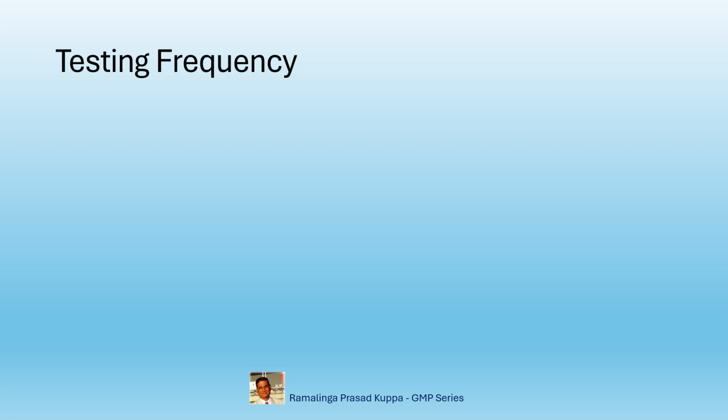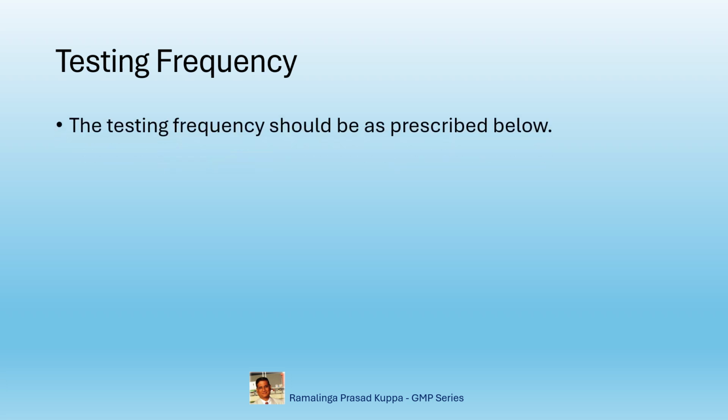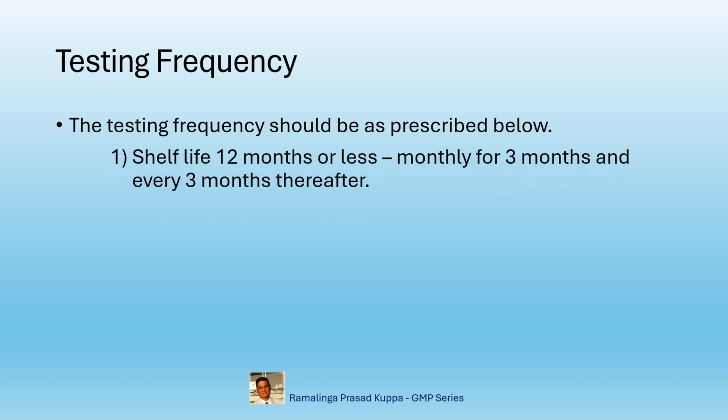Let us see the testing frequency requirement. The testing frequency should be as prescribed below. 1. Shelf life of 12 months or less: the testing should be monthly for the initial 3 months and every 3 months thereafter. This is revised.